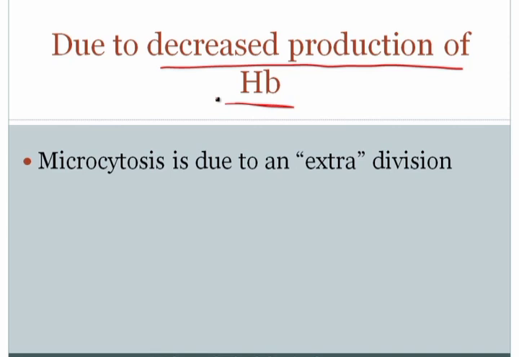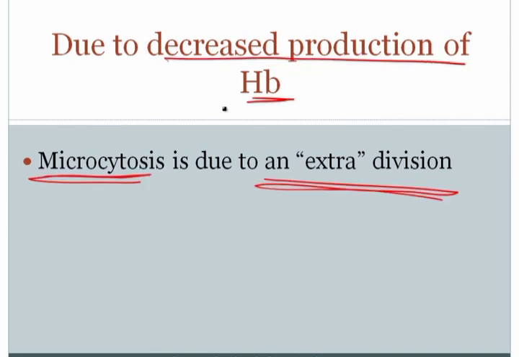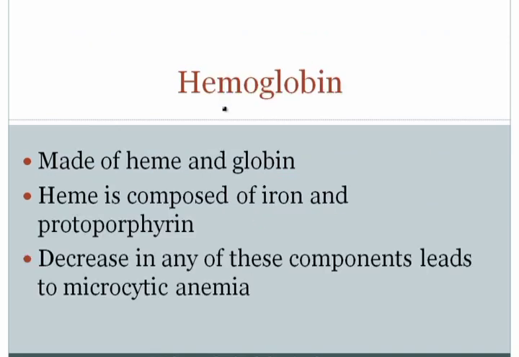the concentration of hemoglobin. Okay, now with that in mind, you then have to understand a little bit of biochemistry to understand the microcytic anemias. So let's remind ourselves, what is hemoglobin? Well, the name gives it away. It's heme plus globin. All right, and what is heme? Heme is basically iron and protoporphyrin.